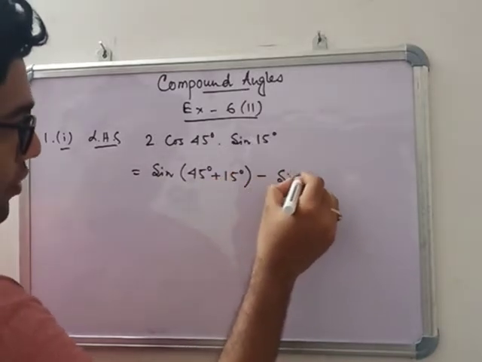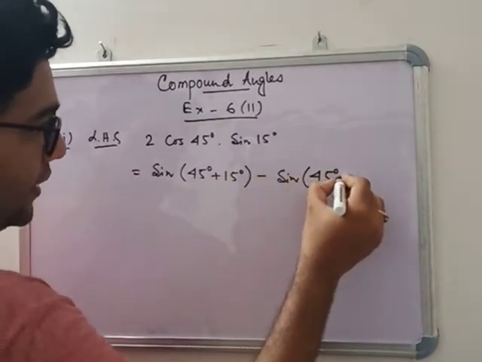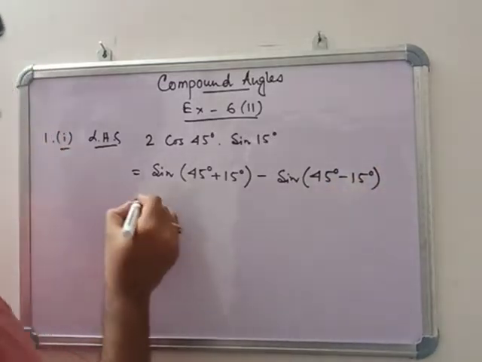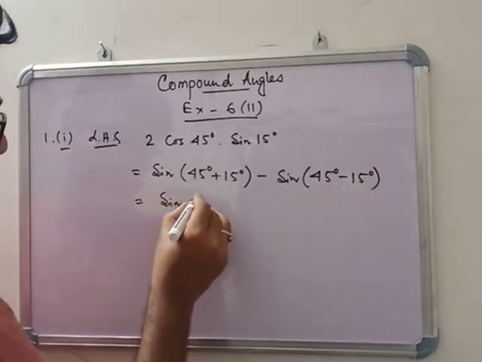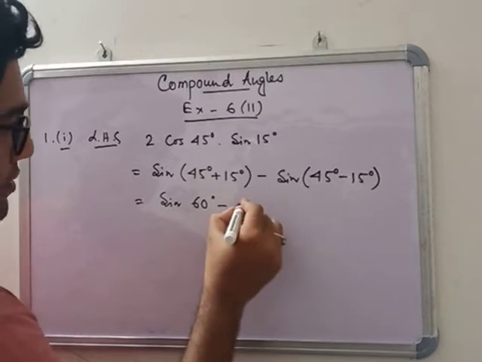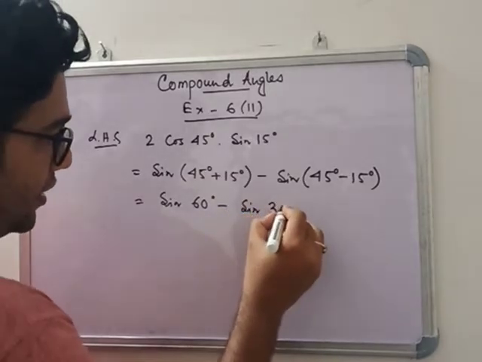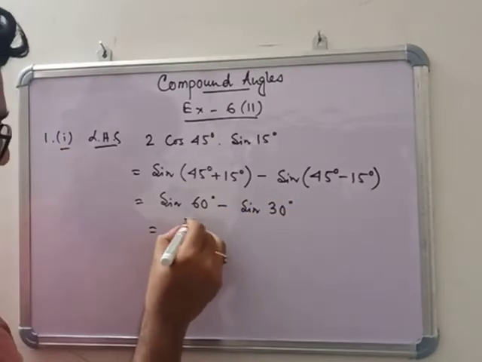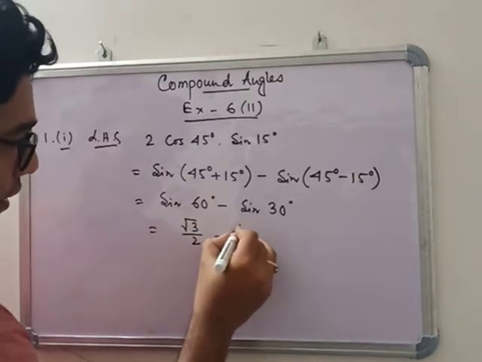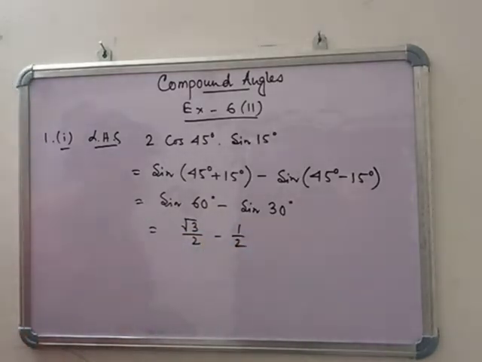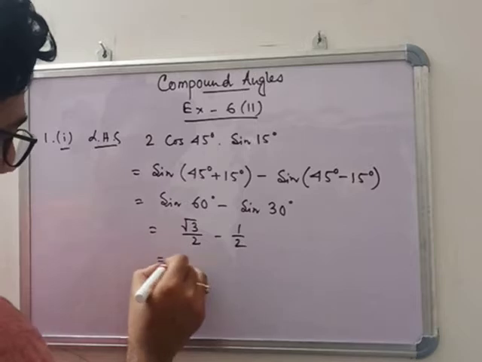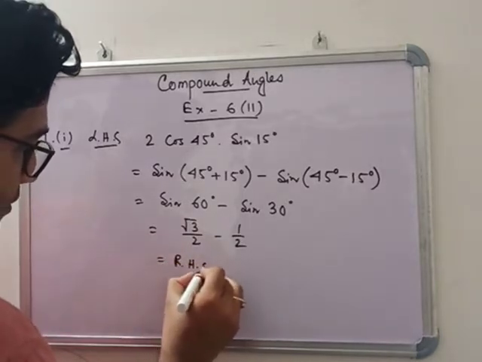So that means sine of 60 degree minus sine of 30 degree, that means root 3 by 2 minus half, which is the given RHS.